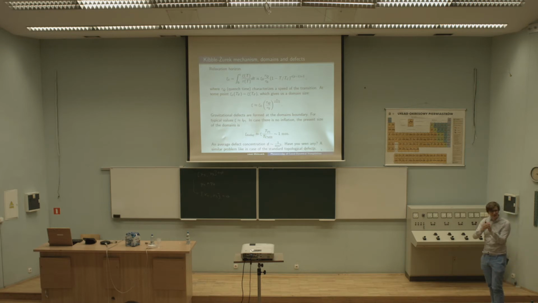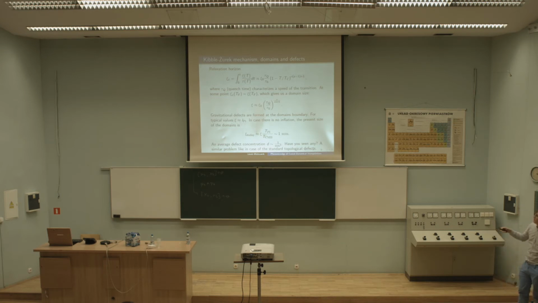Let's say you pass from the high temperature state to the low energy state, and at different points in time your system relaxes to the new phase, and this information spreads with some rate. On the other hand your correlation length is decreasing, and they meet at some point, and you have the freeze out, and you have the formation of domains with different vacua.